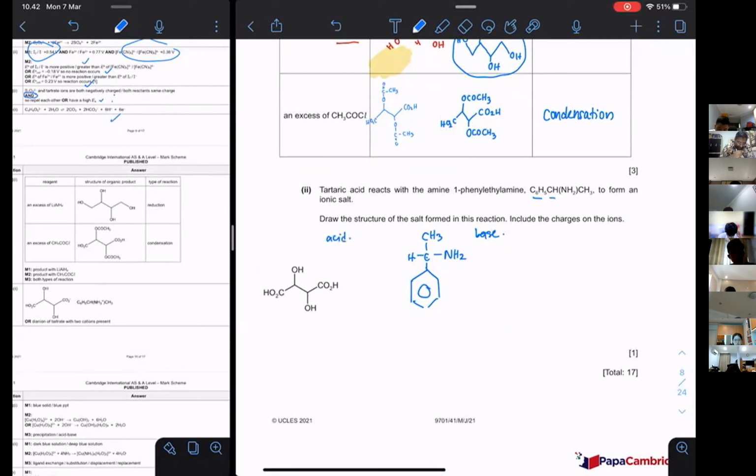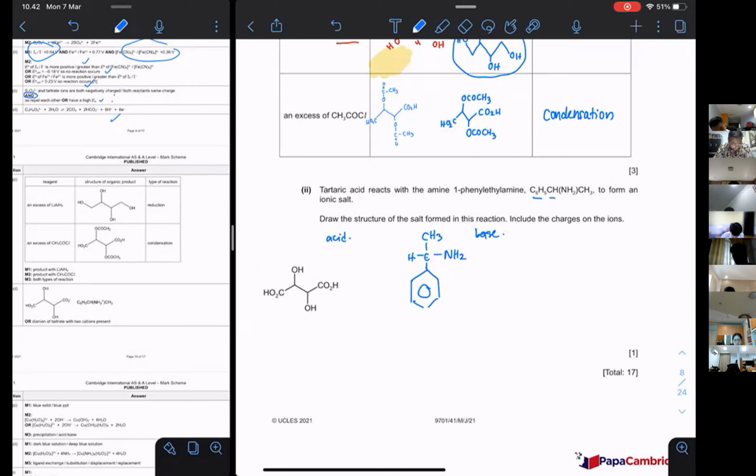The acid that we are going to have over here is going to come from the carboxylic acid, so you need to remember that. The carboxylic acid is the H plus, which will be lost over there. So they say they react to form ionic salt. Draw the structure of the salt formed in this reaction.